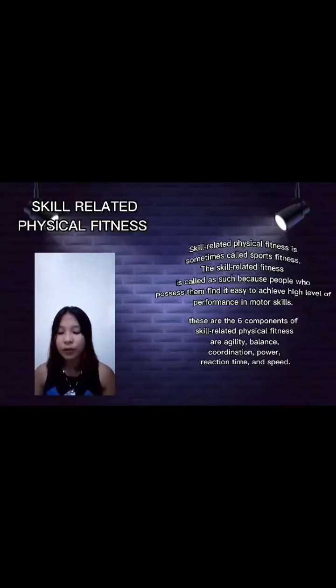So here in skills-related fitness, for example, in the sport of basketball, if you want to maintain your game, you need to practice every day to improve your skills and maintain your level of play.